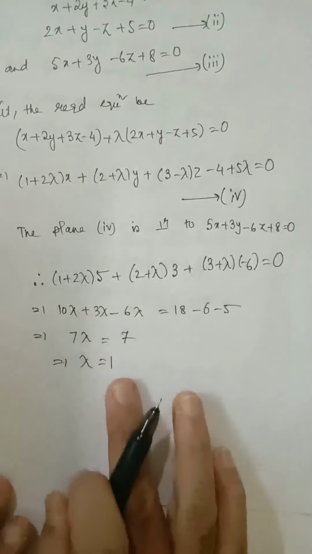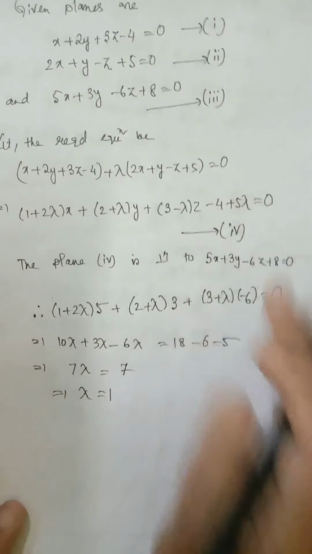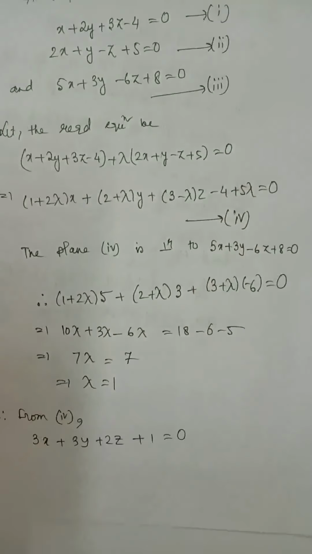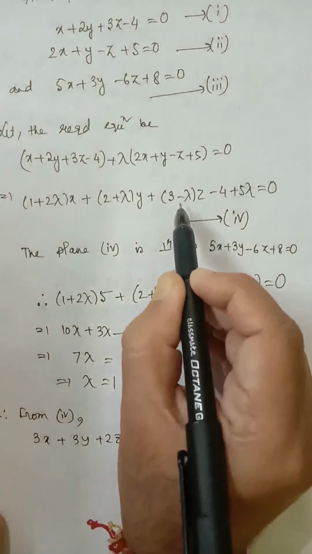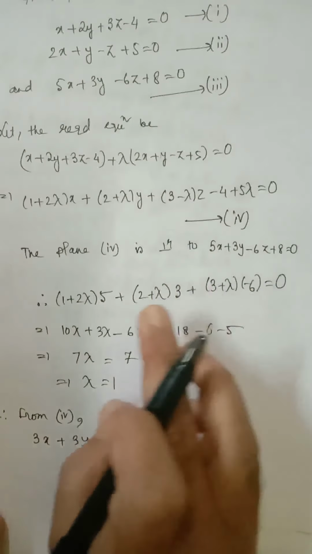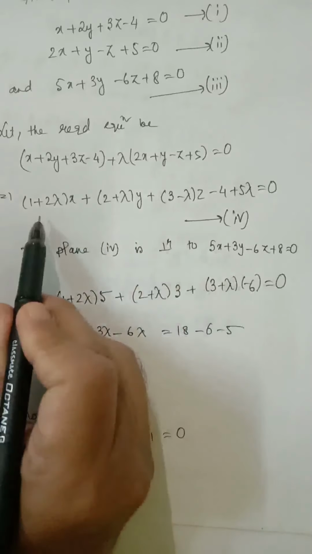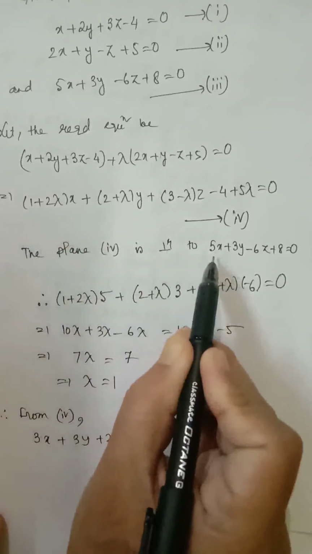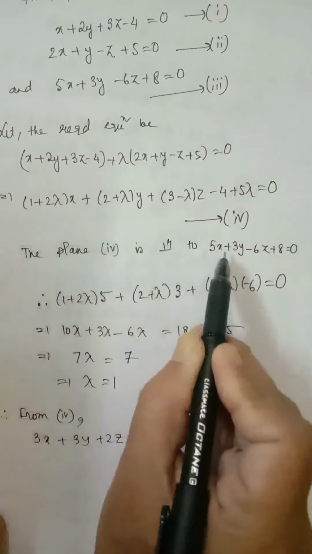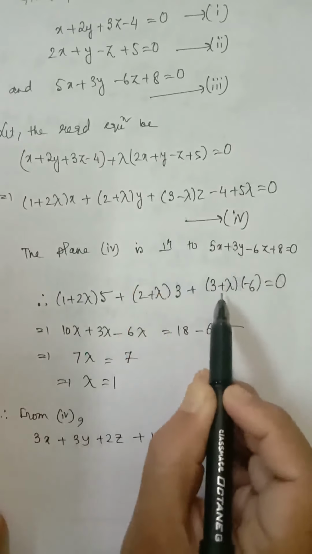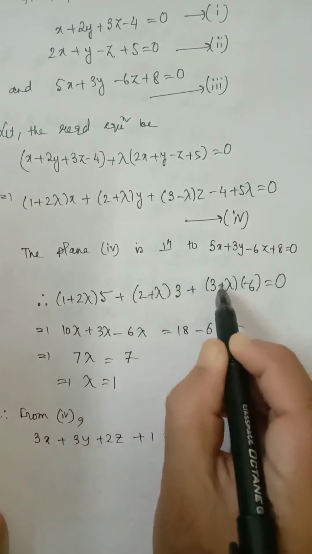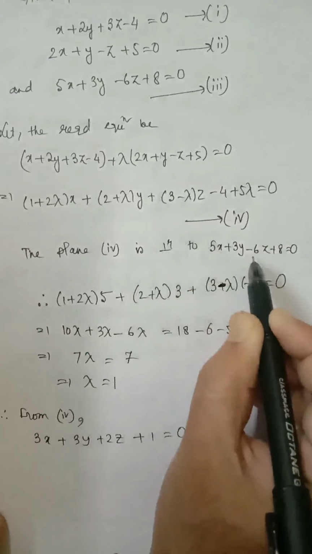Okay, now putting this value of lambda in 4, now here I have committed a mistake. You can see this is 3 minus lambda here, so it should be (1 plus 2 lambda) into 5, (2 plus lambda) into 3, (3 minus lambda) into minus 6, but here I have written 3 plus lambda. It should be 3 minus lambda into minus 6.